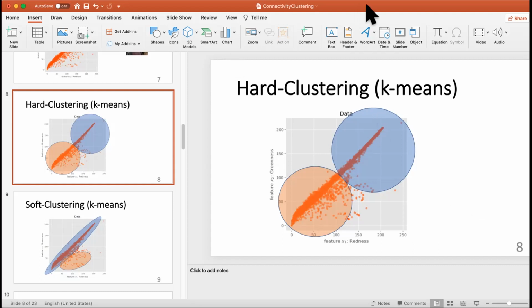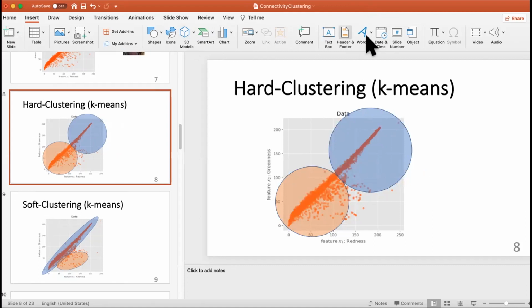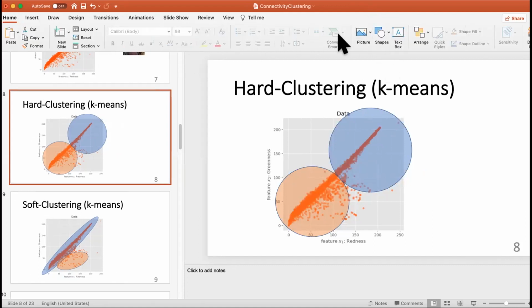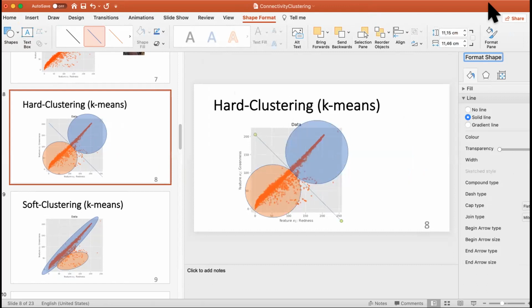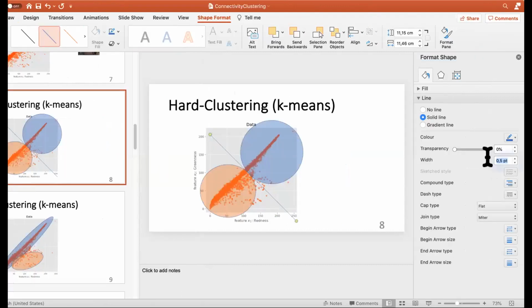So this picture is not 100% correct, because what K-means does, if we cluster into two clusters, is divide the feature space into two half spaces, which is the divider between the cluster means, and then it assigns all data points on the same side to the same cluster.